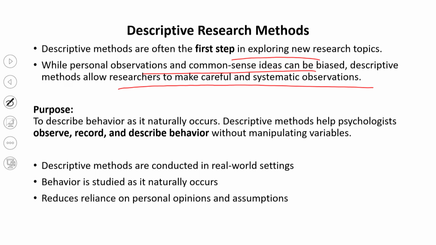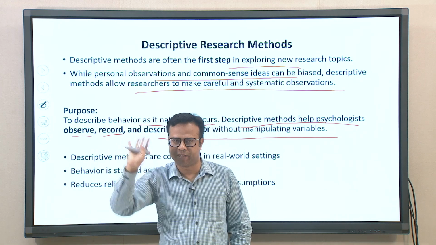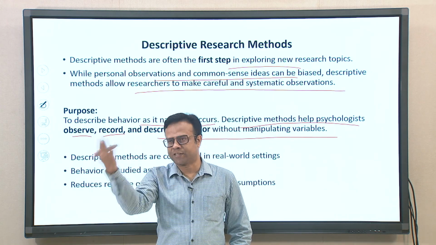The purpose of descriptive research is to describe behavior as it naturally occurs. You observe something as it happens and you just record it and then describe it. So, the descriptive method helps psychologists to observe, record and describe behavior without manipulating variables. You do not manipulate anything, you just observe what is happening there, record it and then describe it.